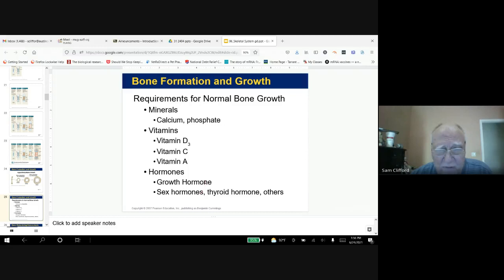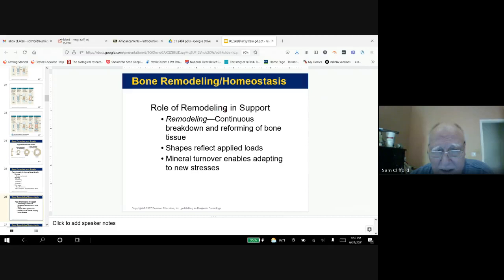These hormones are involved in regulating calcium phosphate deposition into the bone, and destroying bone to take calcium out of the bone, because we have these processes, remodeling and mineral turnover, that allow the proper amount of calcium in the blood, which is essential for muscle and bone growth and bone function.